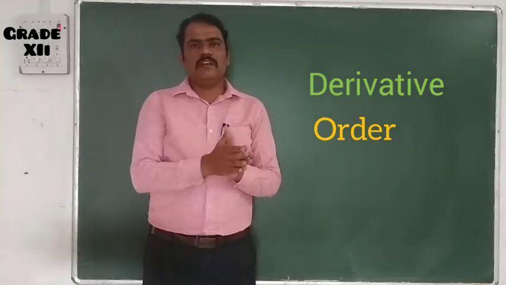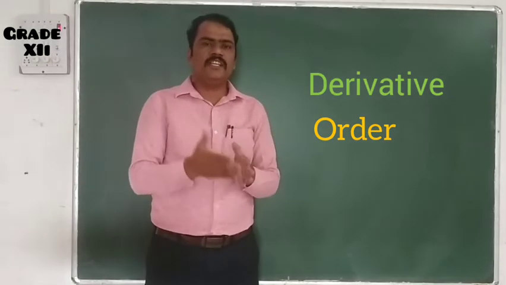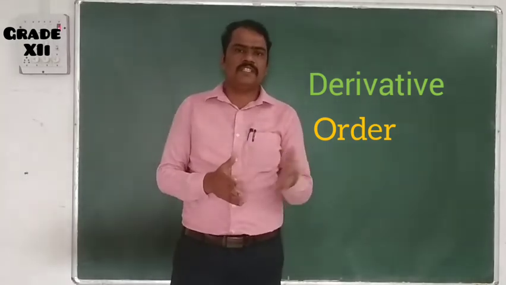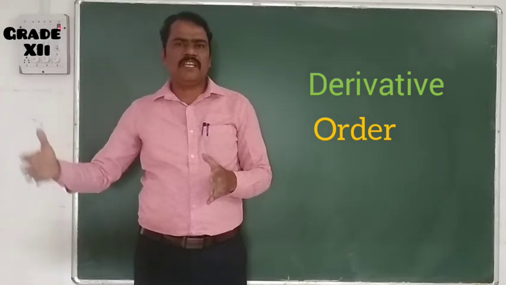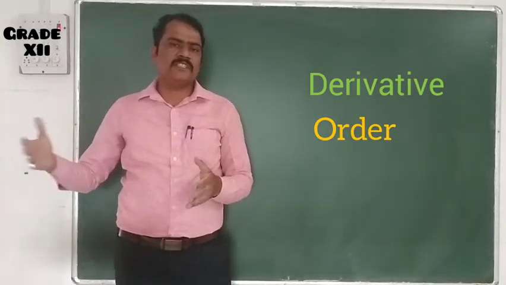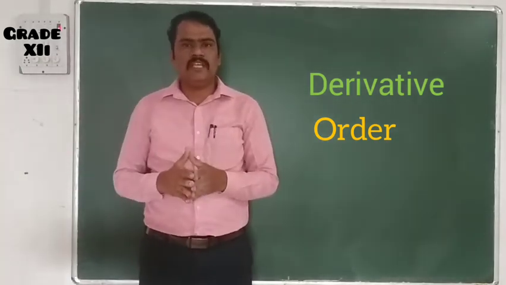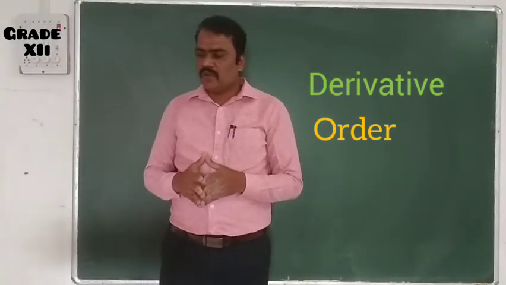We have to know that dy by dx means we take the derivative of y with respect to x the first time. After that, the higher order derivatives are second, third, fourth, fifth, sixth, and so on up to n. Okay?